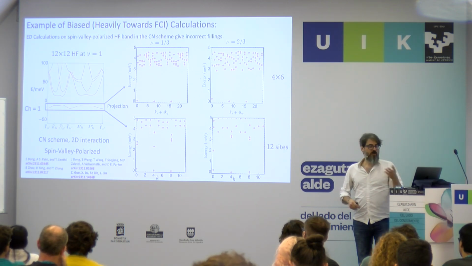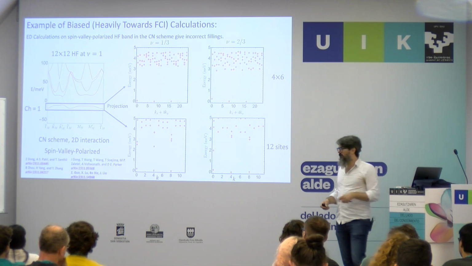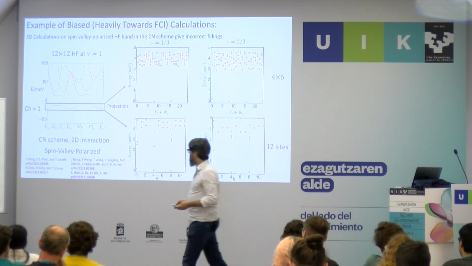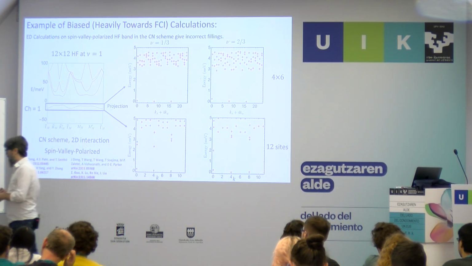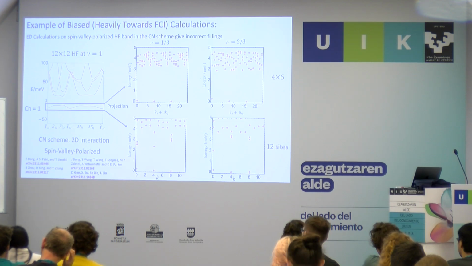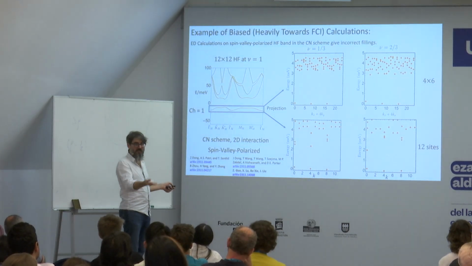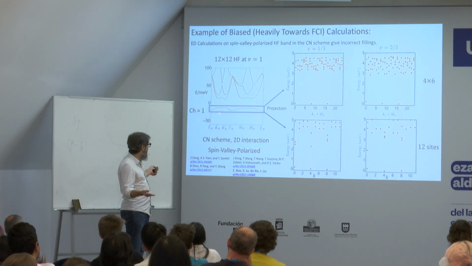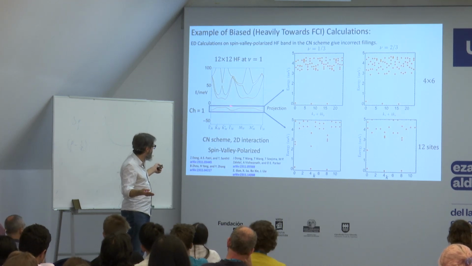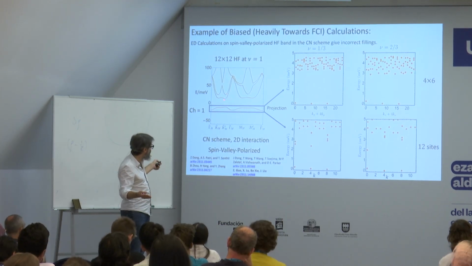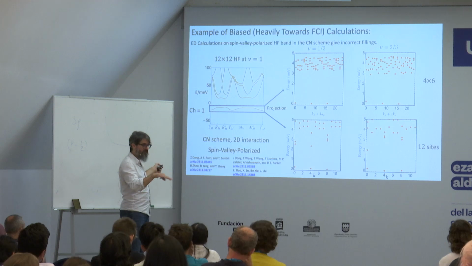Now, one should have problems with this for many, many reasons, but two problems that I think are now recognized by everyone are the following. First of all, this was the band obtained at filling 1, so I can't just assume a rigid band and fill it. It's an interacting band because it's a Slater determinant, but I obtained it through interactions, through translational symmetry breaking.